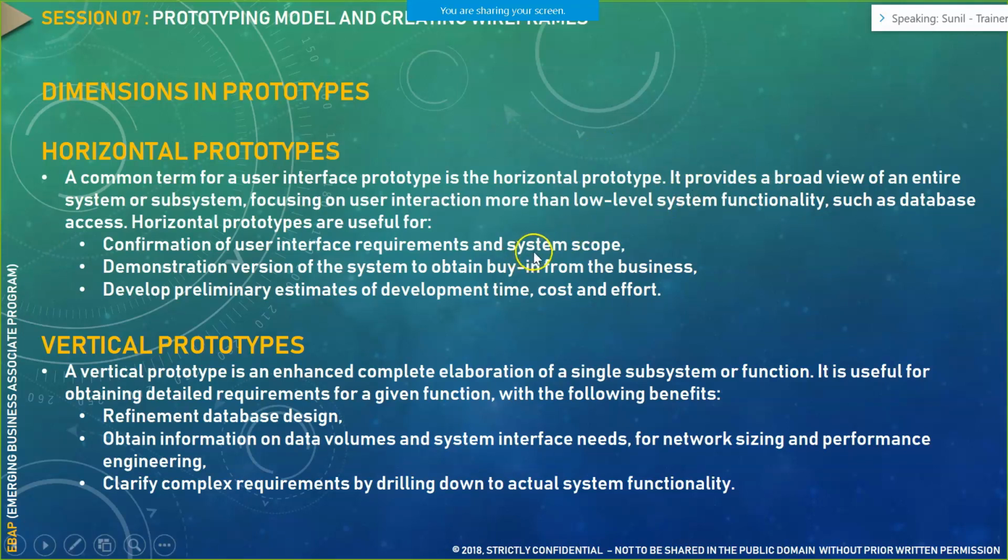When we define the scope in and around 15 to 20 screens, we get initial estimates of development time, cost, and effort. So how much time, how much cost, and what effort it would need to develop those 15 to 20 screens. That is what your horizontal prototypes would tell you at a very high level.